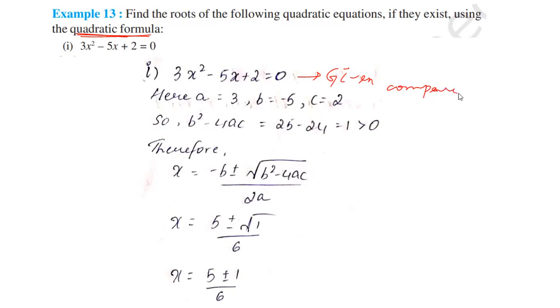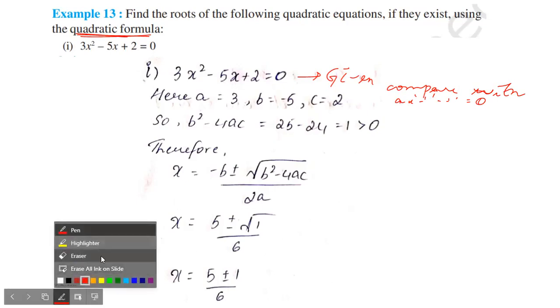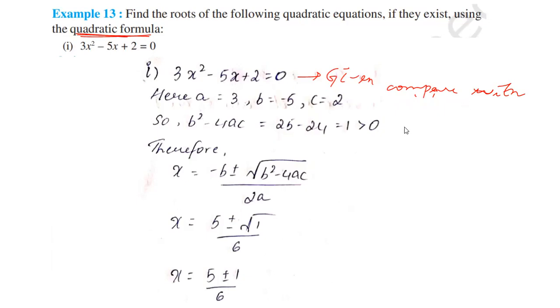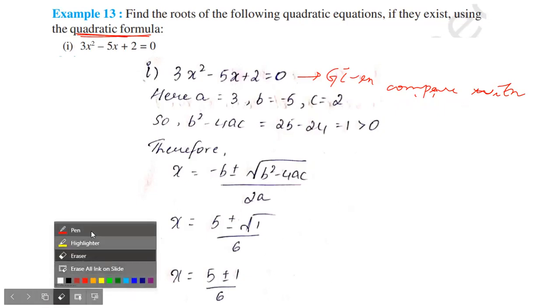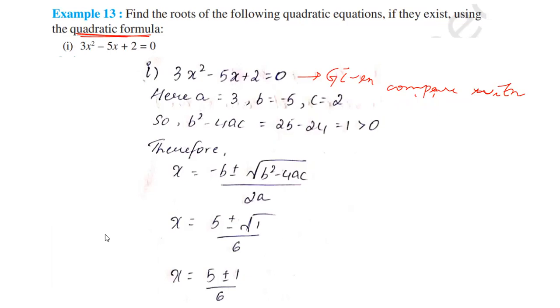Compare with the standard form, ax square plus bx plus c equals 0.